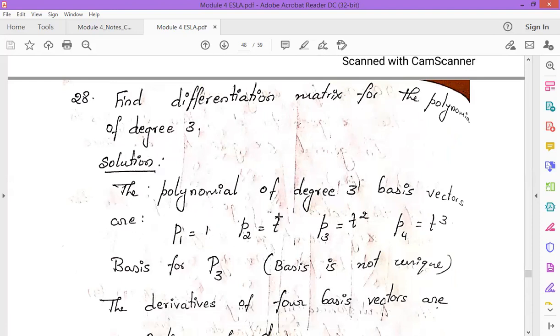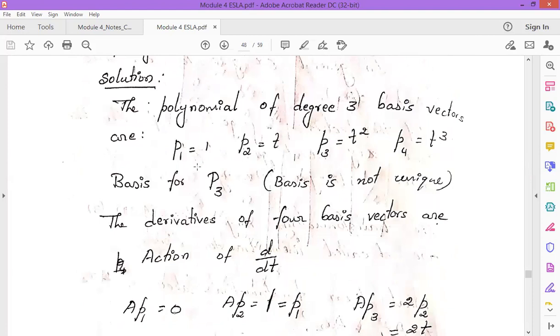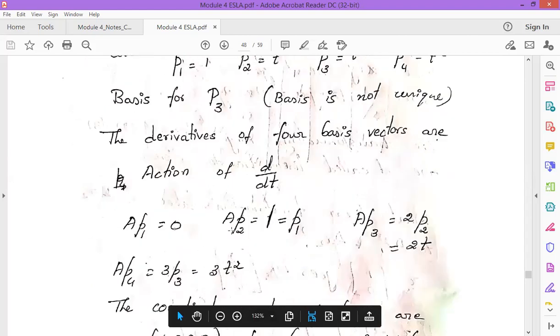And P2 is t to the power 1, P3 is t to the power 2, P4 is t to the power 3. So having these basis vectors P1, P2, P3, P4, now in the next step, we calculate the derivative of the 4 basis vectors with the function d by dt, as it is a differentiation.